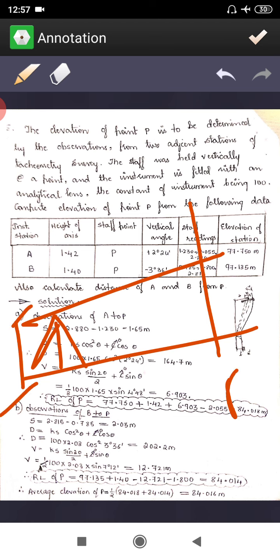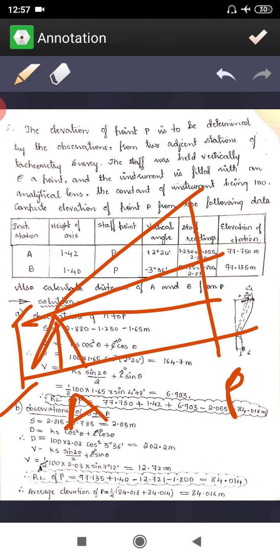Staff station at P, if I call it A, then vertical angles they have given, one is 2 degree 24 minutes and minus 3 degree 36 minutes, and staff interval is also given, elevation of station is also given. Okay, so we'll see how to get this.